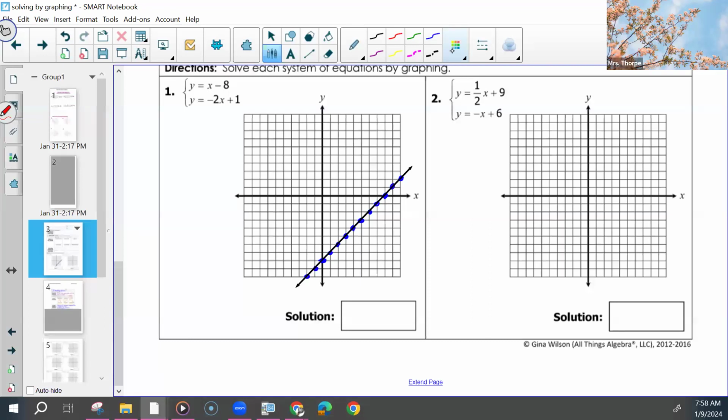Okay, then graph the other one. So this one has a y-intercept of 1. Slope is -2. What directions could I go to get a negative slope? Down and right, not down and left. Or what and left? Up and left. So up 2, left 1 as many times as possible, or down 2, right 1 as many times as possible. As you're doing this, you'll notice which one is the intersection point.